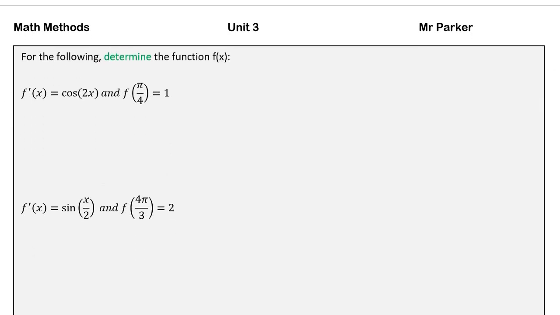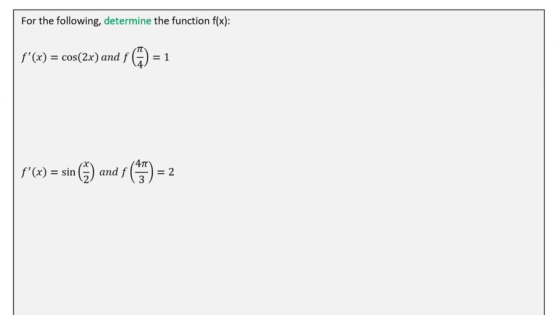Okay. We're going to solve these ones, guys. The only difference here is we're going to solve for that c value. So we're going to solve using the known points that the question has given us. So f of x equals the integral of cos 2x dx.